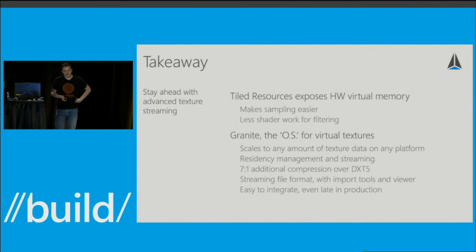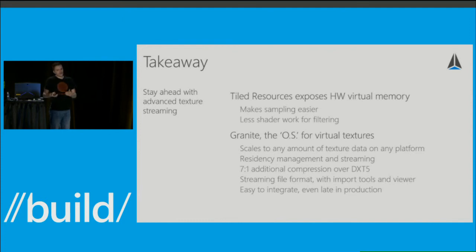So the takeaway from my part of the talk is that tiled resources expose the underlying hardware virtual memory, and this makes all your sampling shaders a lot easier compared to a software implementation or a shader-based implementation.